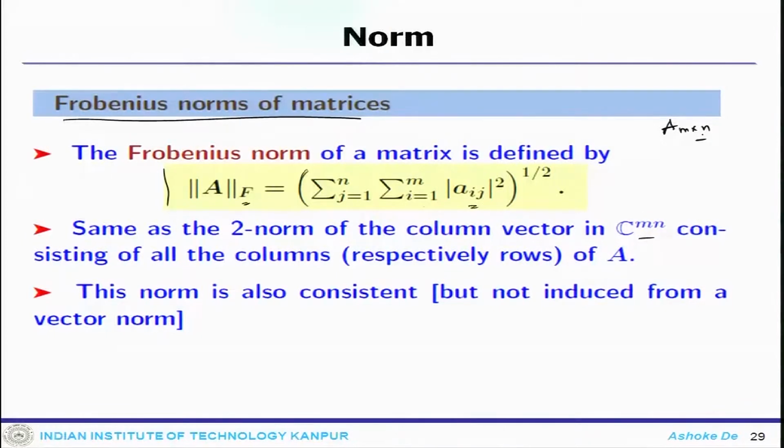So, the L2 norm of the column vectors represents the Frobenius norm, and the property is that it is also consistent, but it is not induced from a vector norm. In the other case it was the other way around. So, in this case you can note that this is not induced from a vector norm.